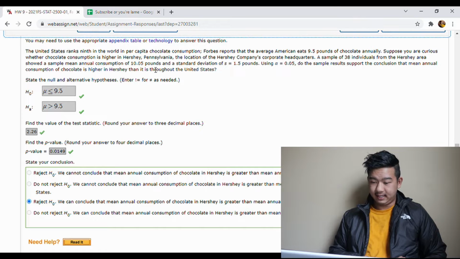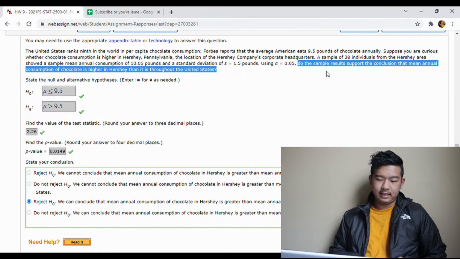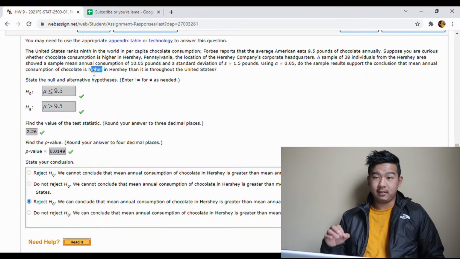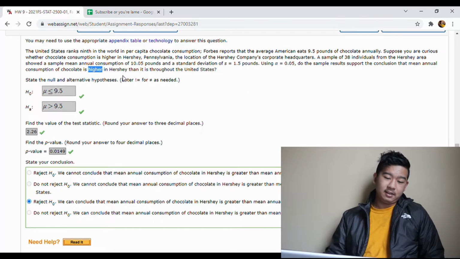That's our last sentence here, right? So the key word that we are looking for is higher. That's what gives it away. So we are looking for mu greater than 9.5. Is Hershey chocolate consumption higher than the rest of the US?